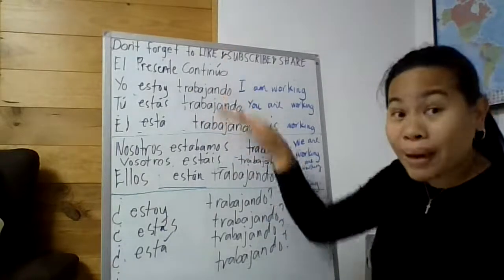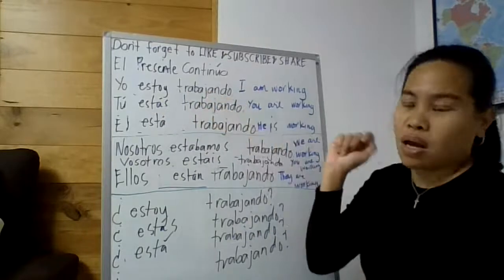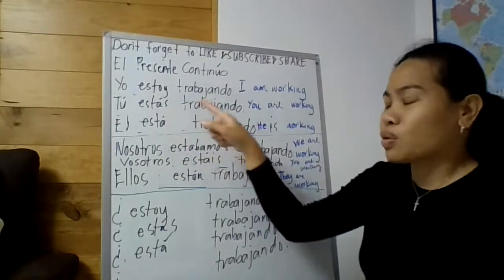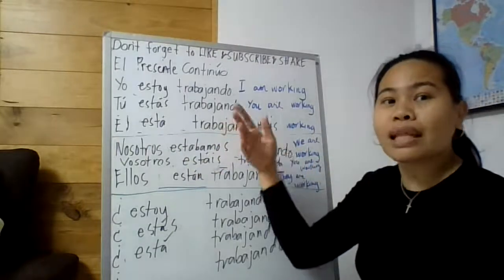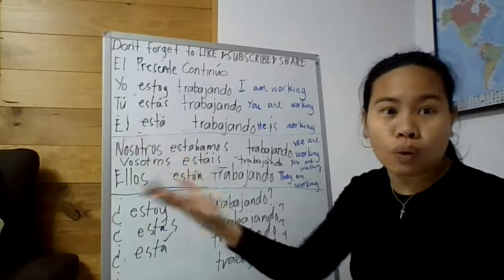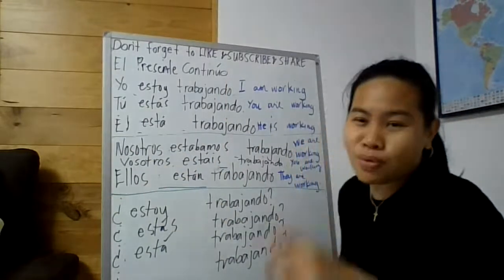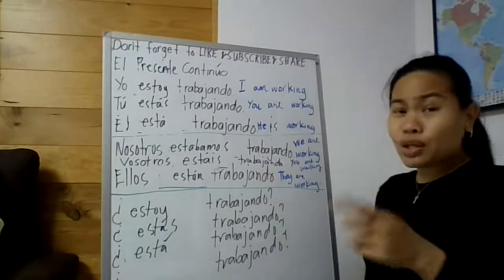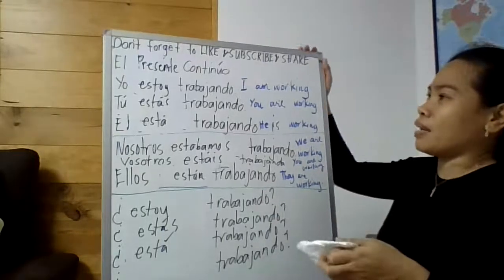For example, papalitan mo lang yung second verb mo. Estoy cocinando ahora. O, tú estás cocinando ahora. O, él está cocinando. O, él está estudiando. Estaba durmiendo. Muy bien. Yo estaba durmiendo. Es correcto. Muy bien.